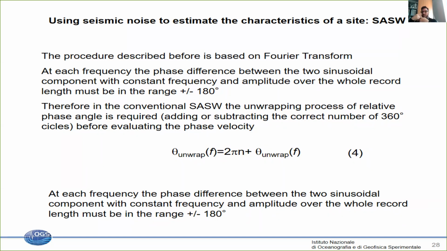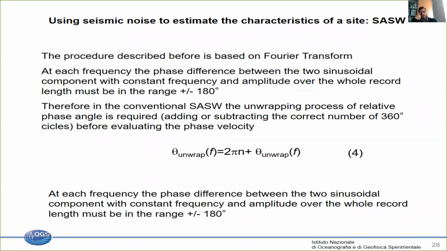So the phase difference between the two geophones for that frequency will not be in the range between 0 and 2p, but will be bigger than 2p, or several times the number of cycles that has been done. Every cycle is a 2p phase.